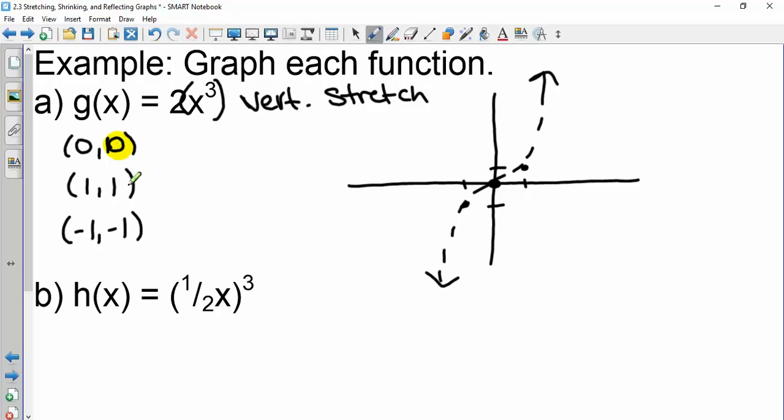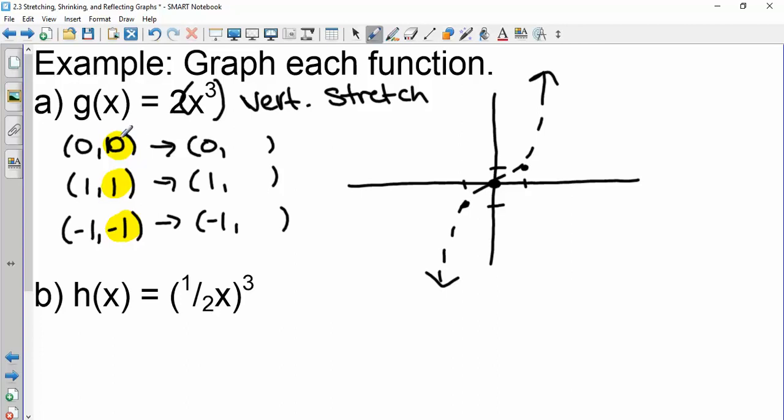Okay, vertical changes y. So my y's are going to change, but my x will not. Vertical y does what it says. So I'm saying multiply by 2.